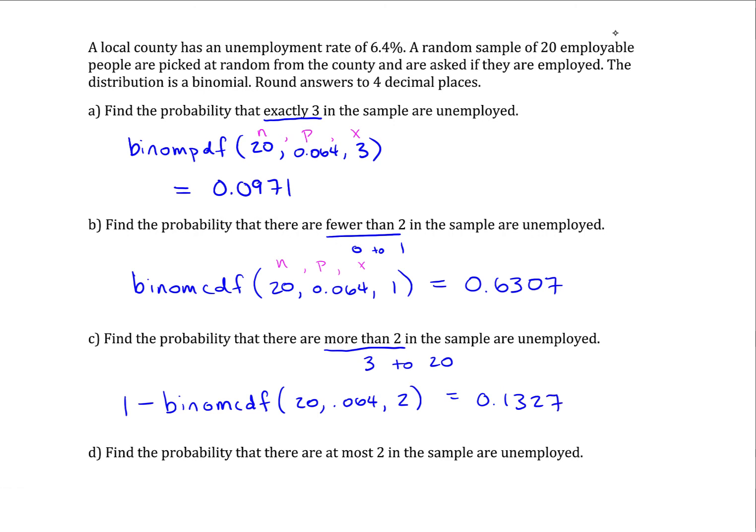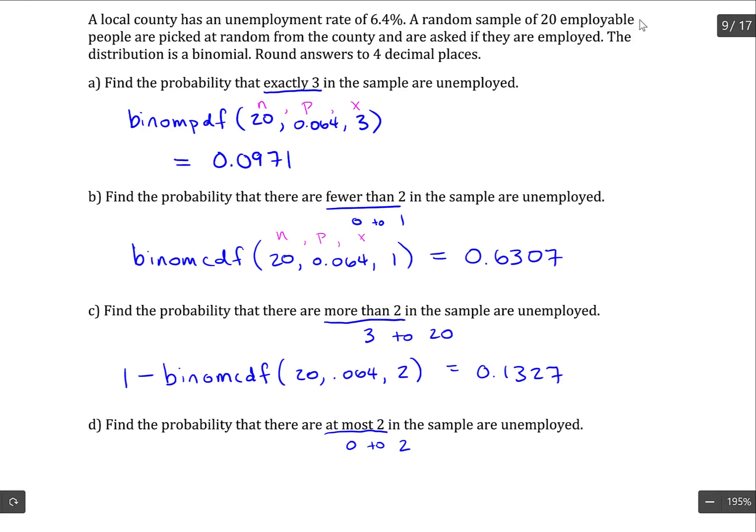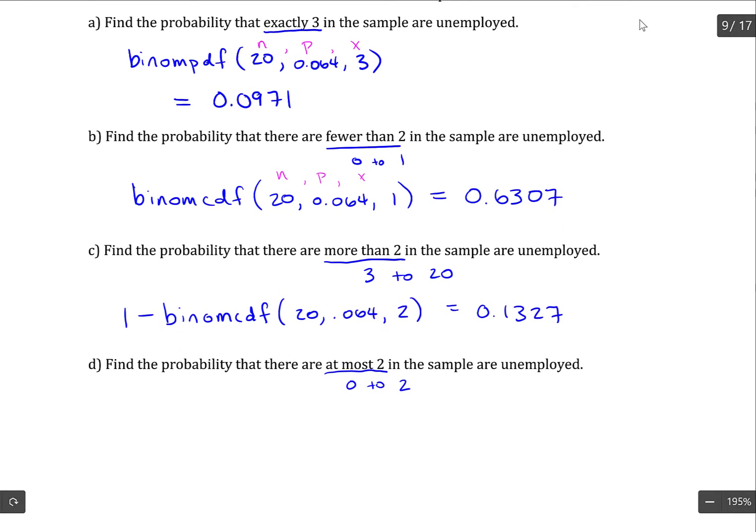Find the probability that there are at most 2 in the sample that are unemployed. So at most 2 would be 0 up to 2, but also including 2. So just slightly larger than what we had in part B. But since it's starting from 0, we can do binomial CDF directly. So 20 is the number of trials.